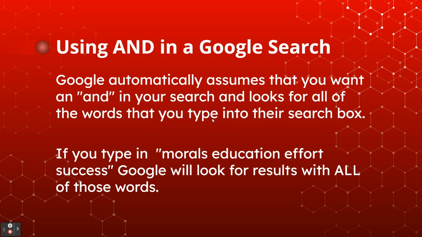Using and in a Google search means Google automatically assumes that you want an and in your search and looks for all of the words that you type into their search box. So if you type in quotation marks, morals, education, effort, success, end quotes, Google will look for results with all of those words. So if you have some very specific words that have to be in there, you should put it in quotation marks.